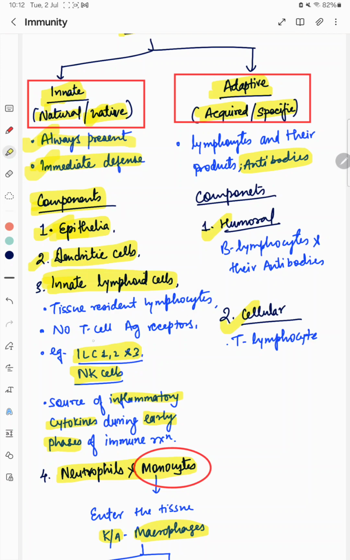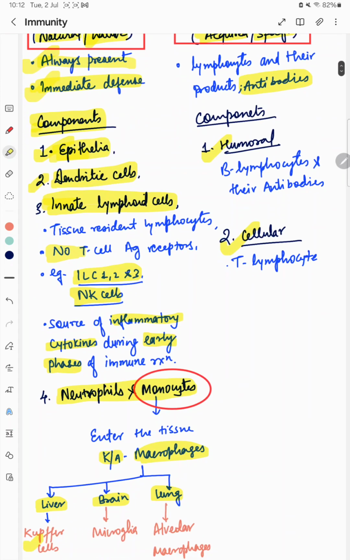They do not have T cell antigen receptor. Some examples of innate lymphoid cells are innate lymphoid cell type 1, 2 and 3. NK cells are also part of innate lymphoid cells. They are the source of inflammatory cytokines during early phases of the immune reaction.